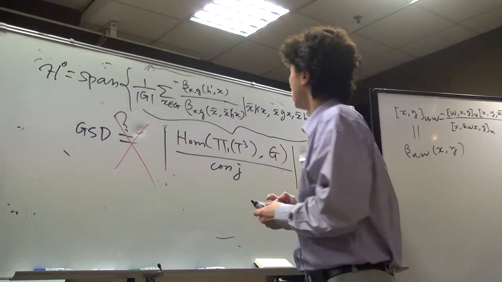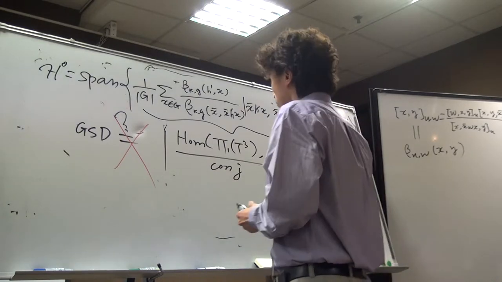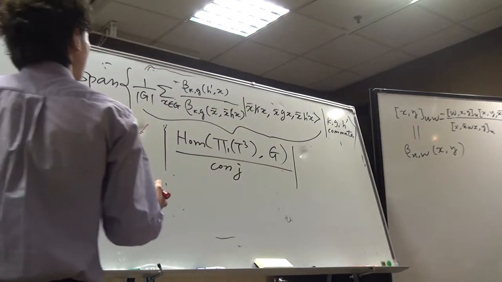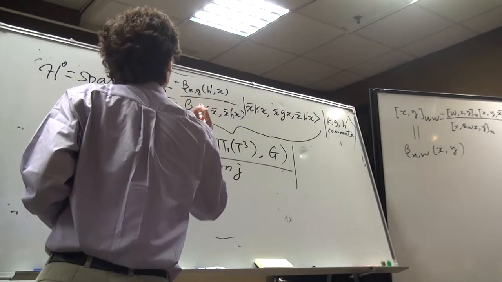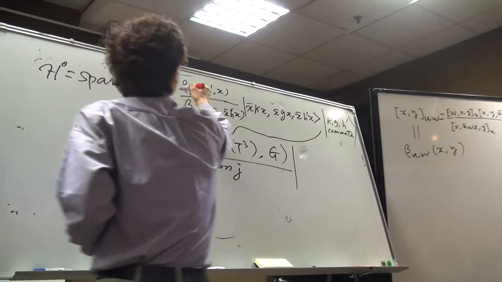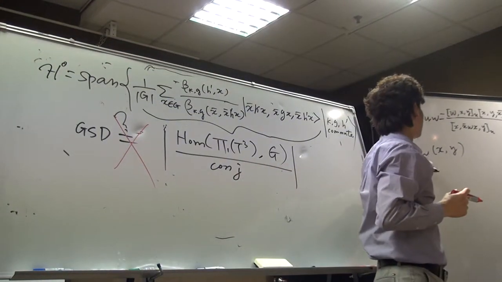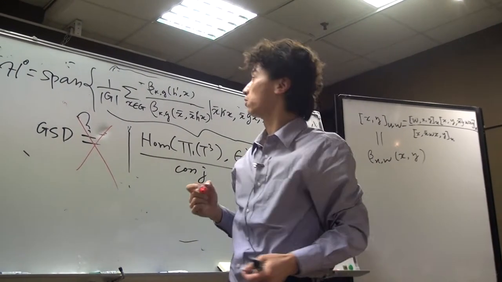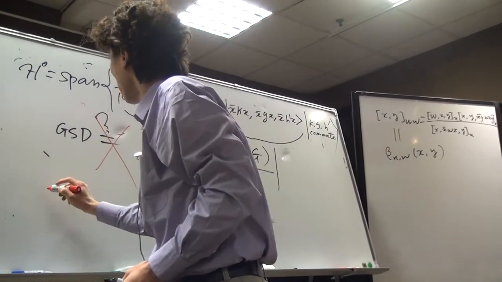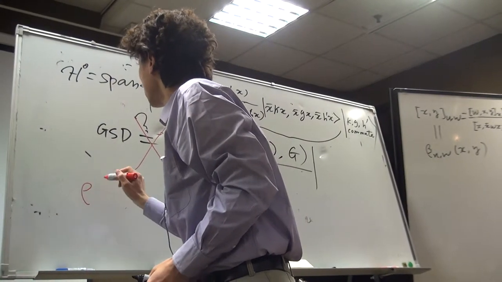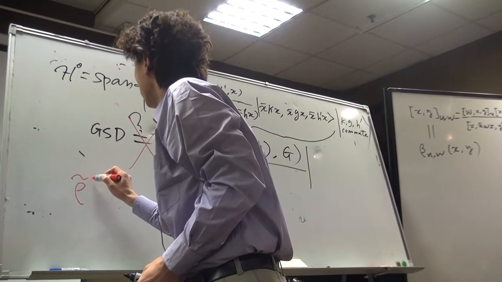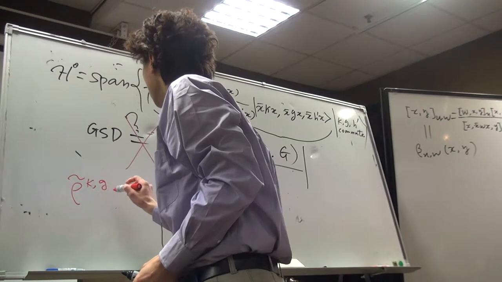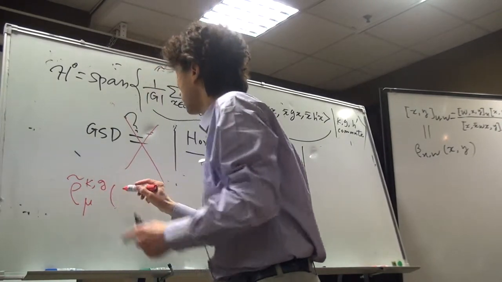Okay, now what's the correct answer? To understand the correct answer, we need to introduce a little bit more math here. Let me remind you, this is a doubly twisted 2-cocycle derived from the original 4-cocycle omega. This beta actually defines a so-called projective representation.